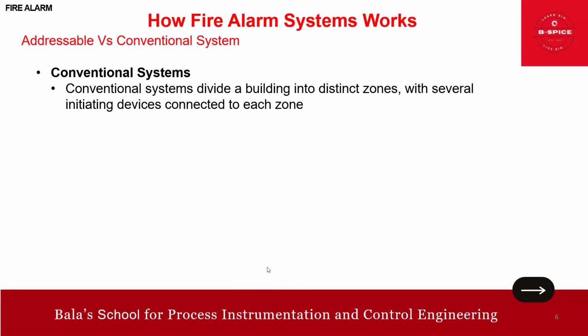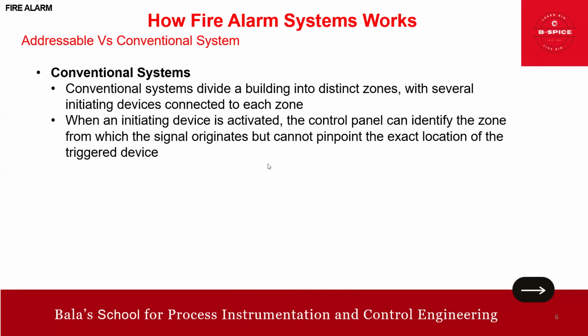Now we'll talk about conventional. A conventional system divides a building into distinct zones with several initiating devices connected to each zone. When an initiating device is activated, the control panel can identify the zone from which the signal originates, but cannot pinpoint the exact location of the triggered device. So that is the challenge.